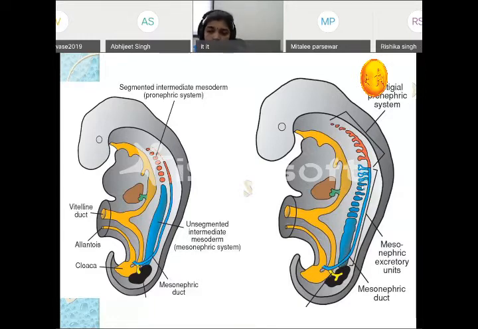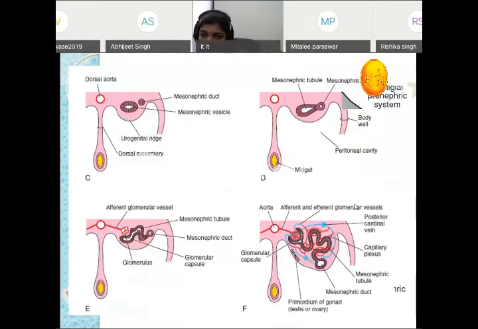The number is almost 10 to 50 in each kidney, and they develop by the late fourth week. They are functioning for 4 to 5 weeks, right? And they are functioning in which primitive animals? They are amphibians and some fishes. So this is mesonephros. Just a summary of last lecture.